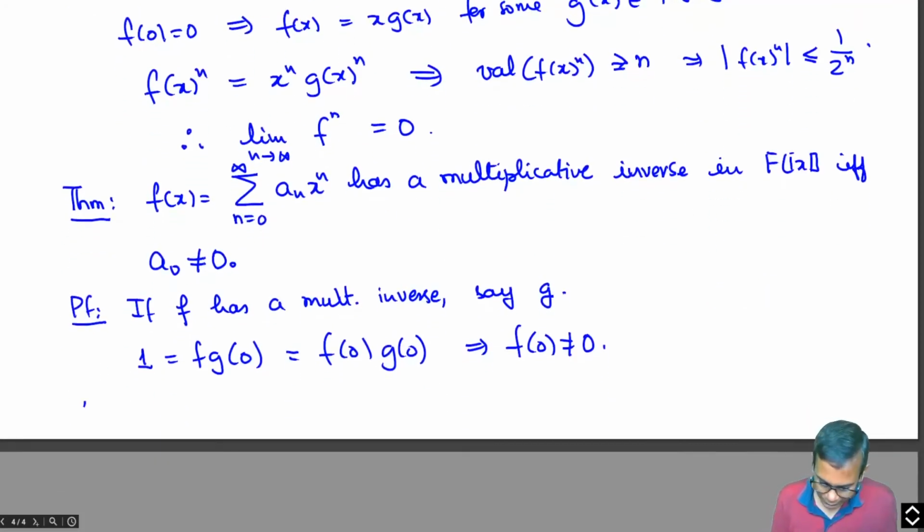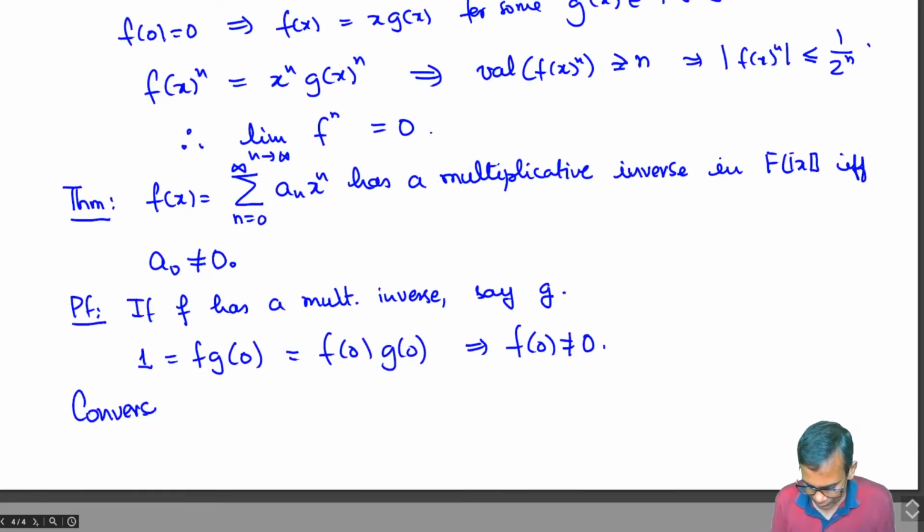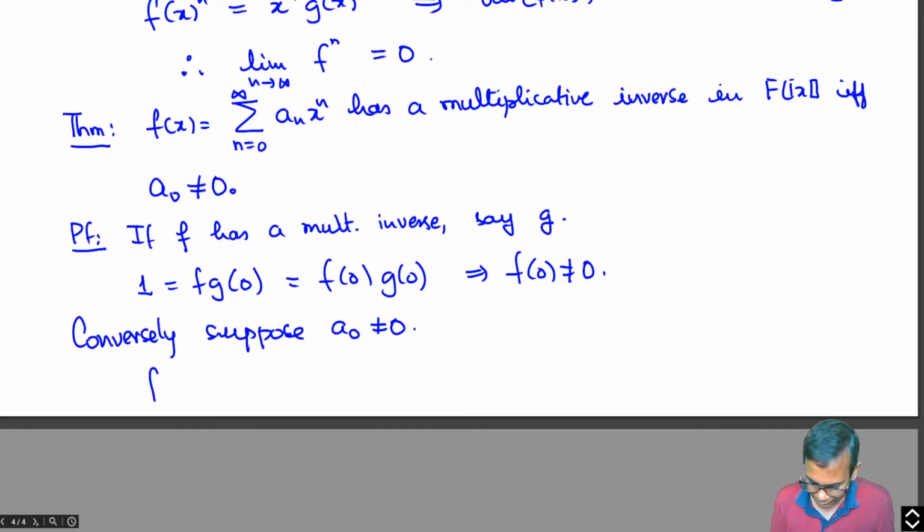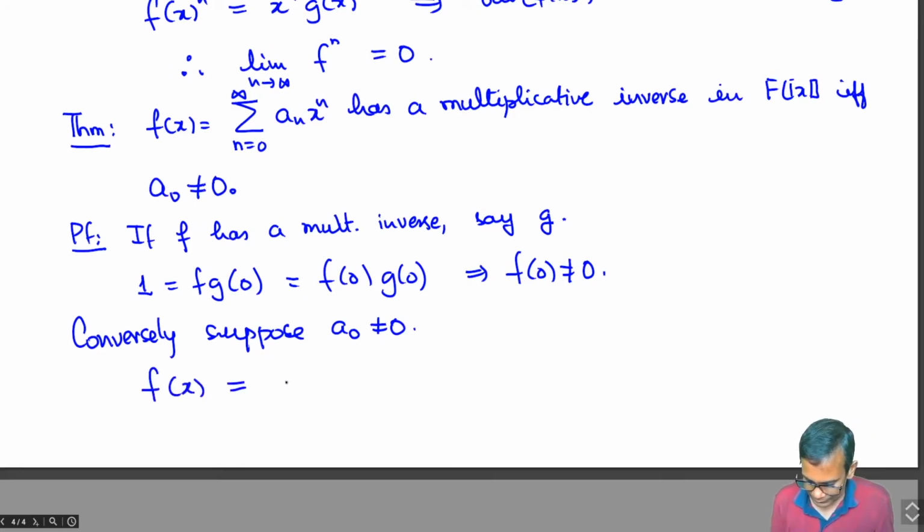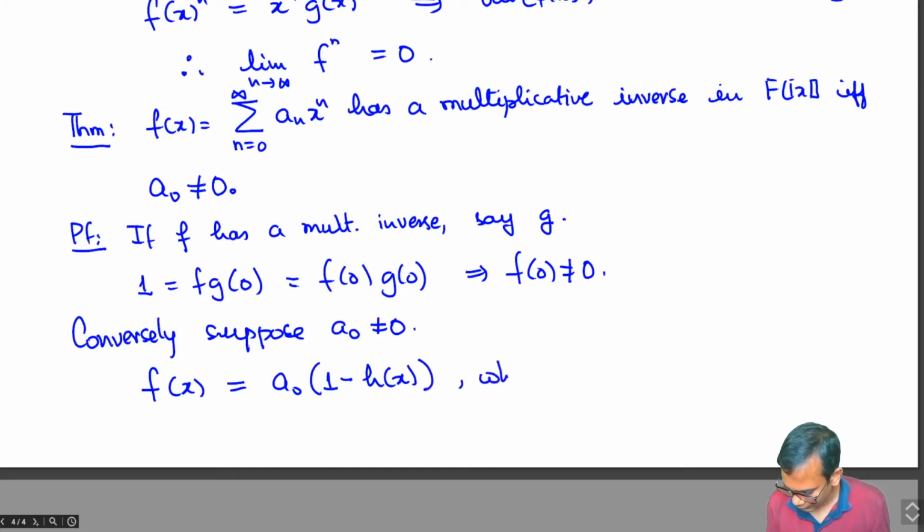And the other way, conversely, suppose a0 is not equal to 0. Then I can write f(x) as a0 times (1 minus h(x)), where h(0) is equal to 0.